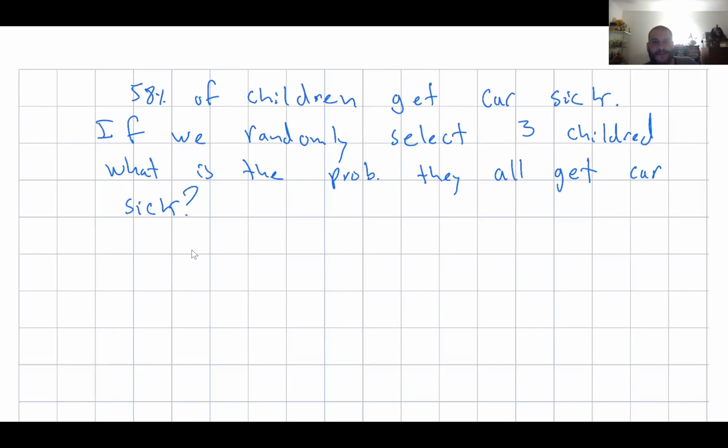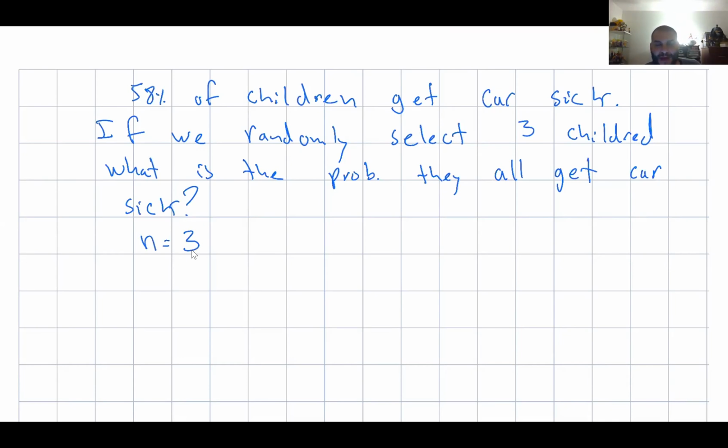All right, so let's do this problem. It says 58% of children get car sick. If we randomly select 3 children, what is the probability they all get car sick? How many children did we randomly select? 3. So n is equal to 3, correct?